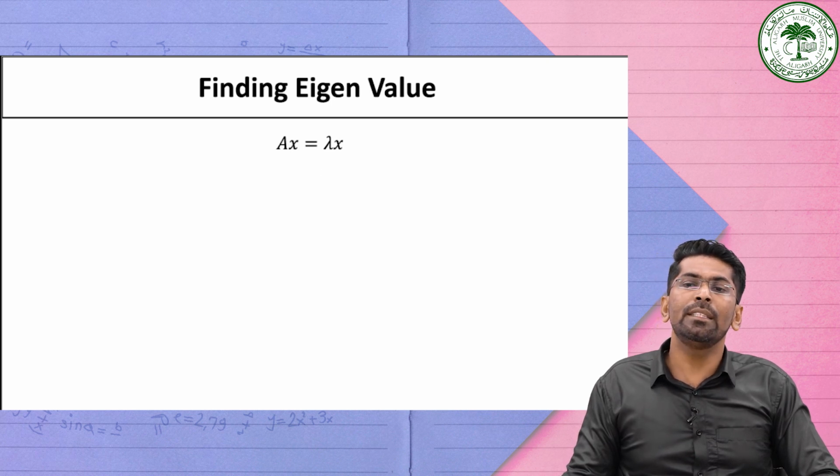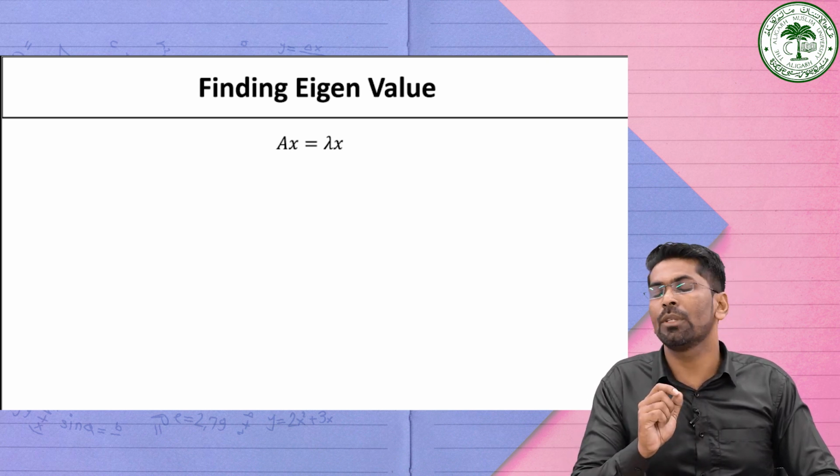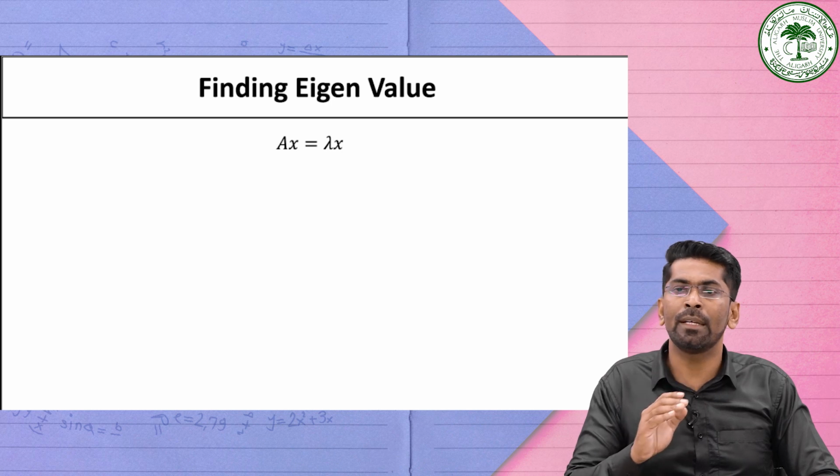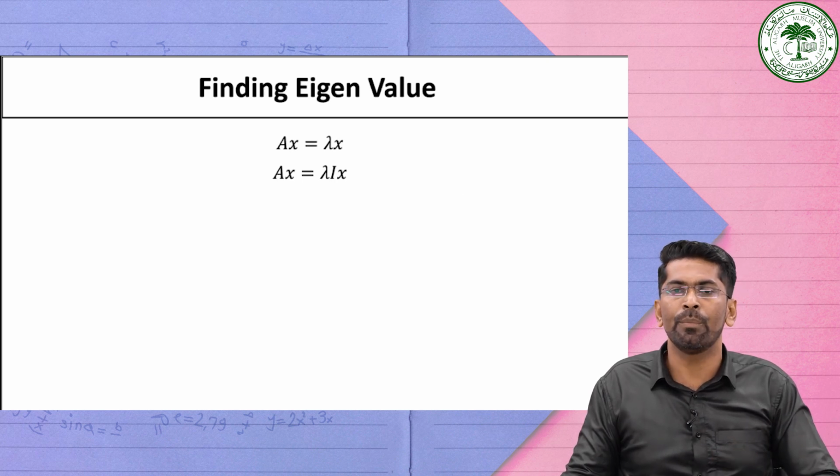In order to rearrange this equation in a way that facilitates the identification of the eigenvalue and eigenvector, we introduce an identity matrix, that is I. So Ax is equal to lambda into identity matrix into x. If you multiply any matrix by the identity matrix, it will be unchanged.